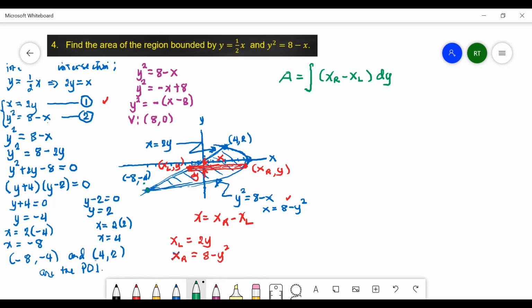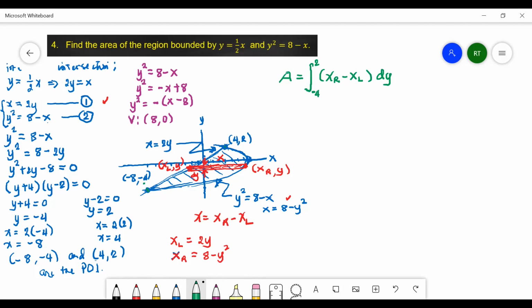So y is equal to -4 is the lower limit, and the upper limit of integration is y is equal to 2.